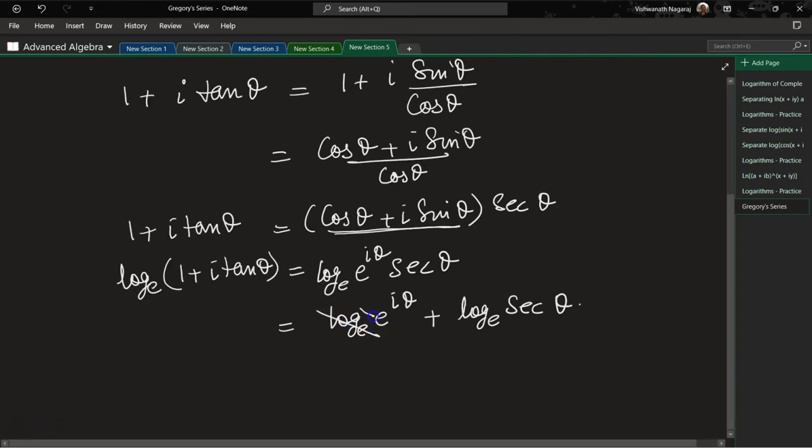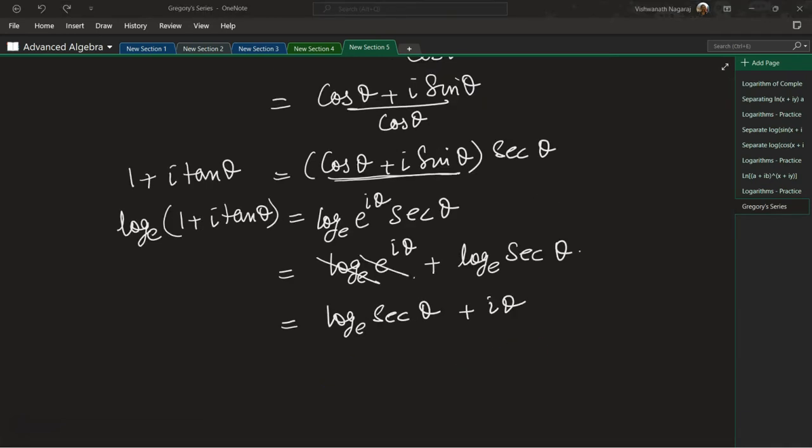Now log and exponentiation cancel out each other, so we are left with log e of sec theta plus i theta. The series that we were looking at contained only odd powers, right? But we have to include even powers as well.